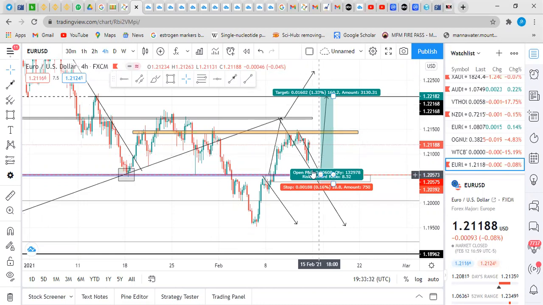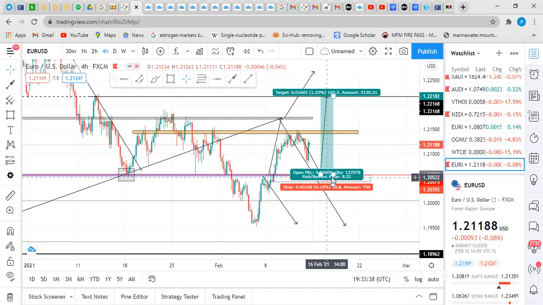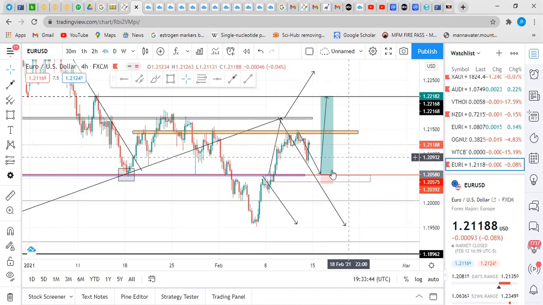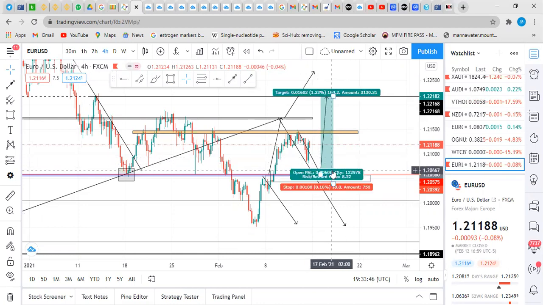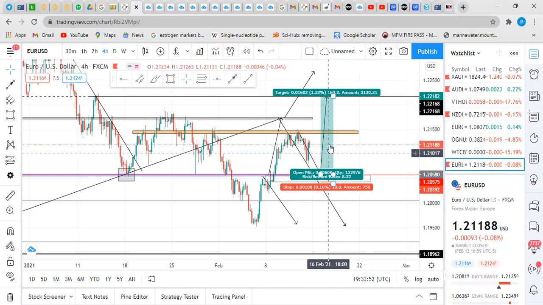So expecting price to retrace back to around 1.20580. It's also a risk to reward ratio of 1:8. We're risking $1.8 for the lowest lot size to get $16.